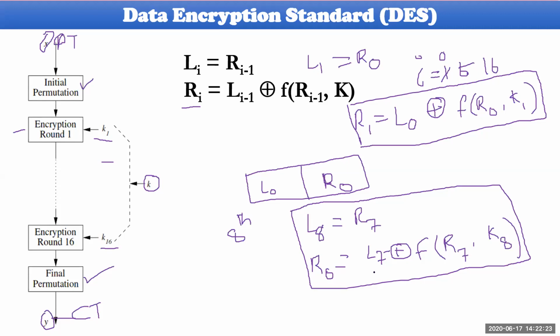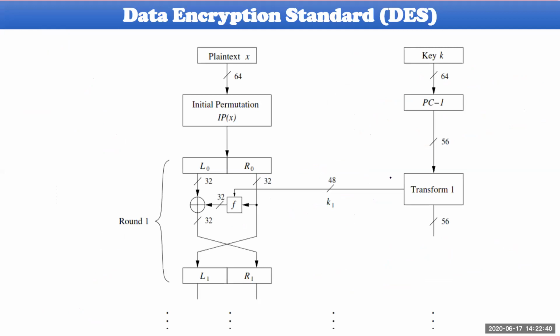Up to this moment I have given only an abstract view of DES. In perception of the first round, what exactly is happening here? Let us have a look. This is the specification. Your key will be submitted as 64 bits only.